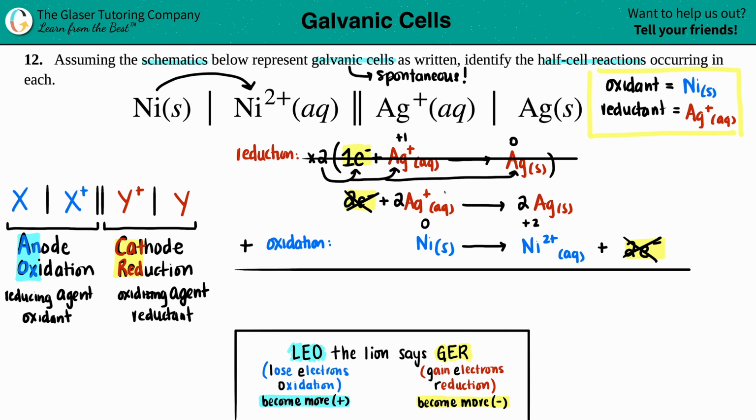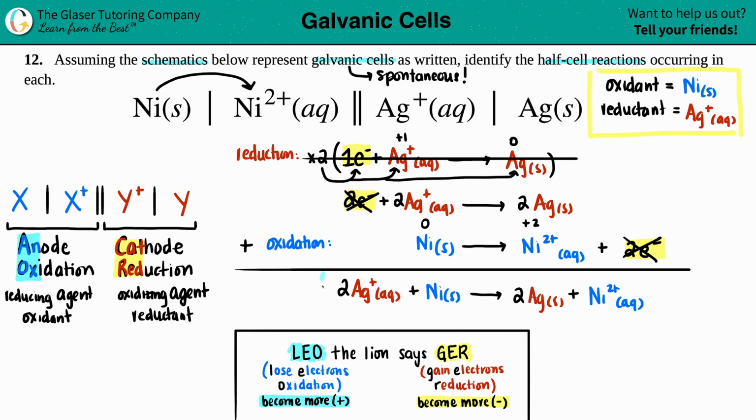And now I just add up what I got on both sides. So I have 2 Ag plus, that's aqueous, plus the nickel solid. And this will yield the 2 Ag solid, and then plus the nickel 2 plus aqueous, and this is the whole equation.